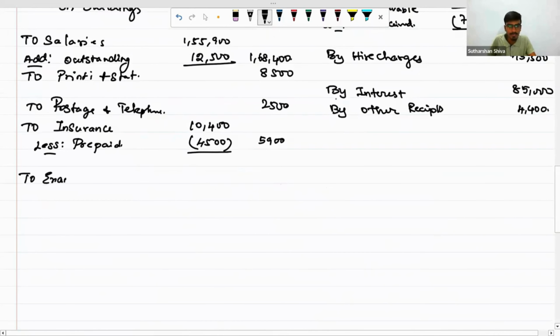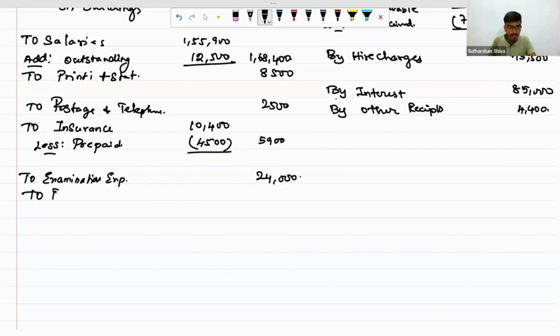Next, we have examination expenses 24,000. To examination expenses, what is the value? 24,000. Next, we have periodicals. Periodicals is something like magazines and newspapers which we are purchasing. That is 15,600.